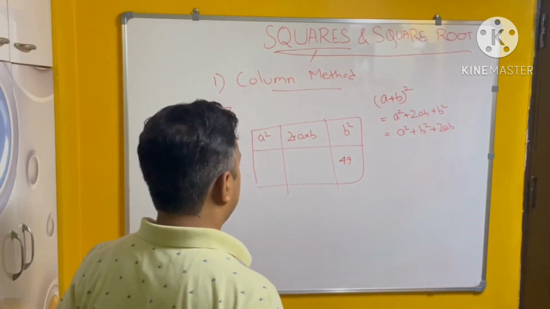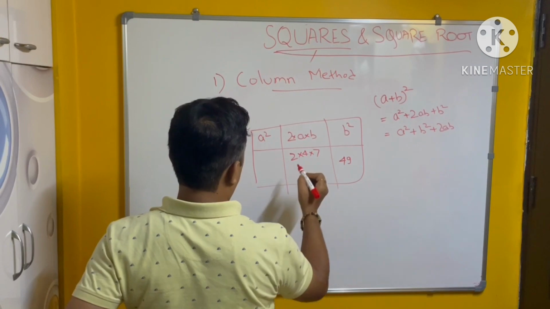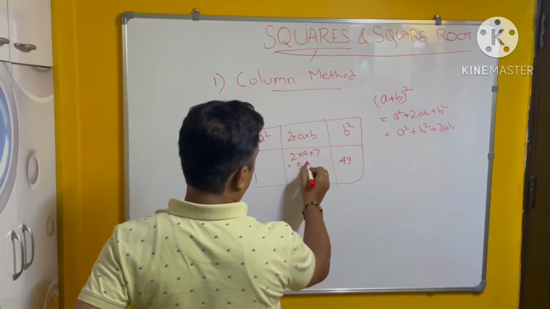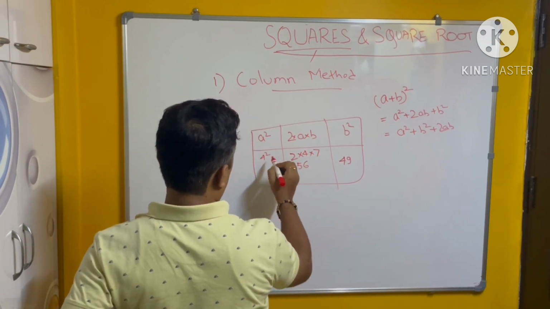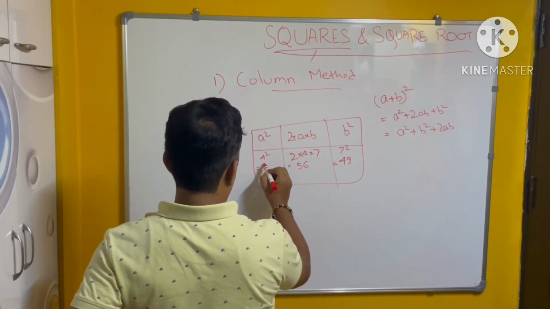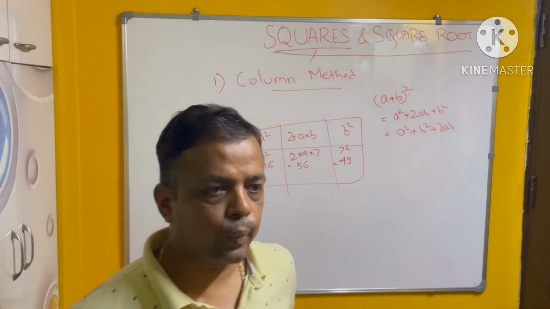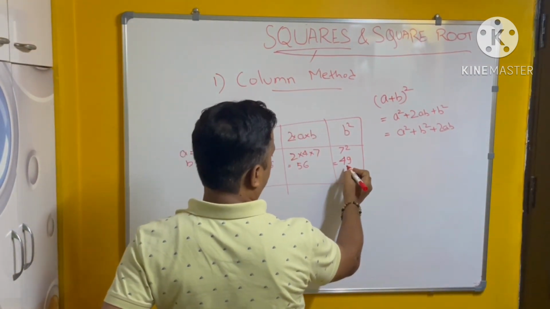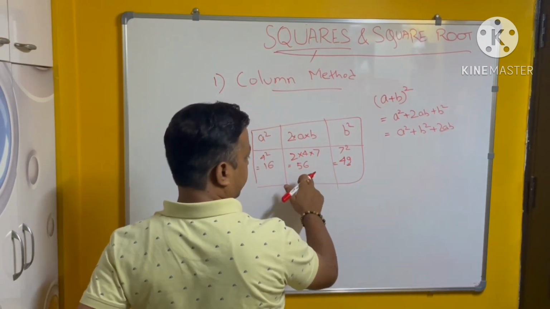Then 2ab, so 2 into 4 into 7, what is this? 56. And then a square means 4 square, 16. Now we will take only one number from the third and second column.